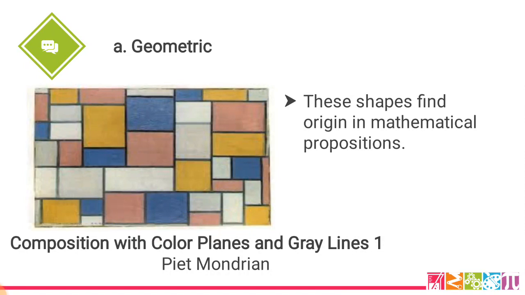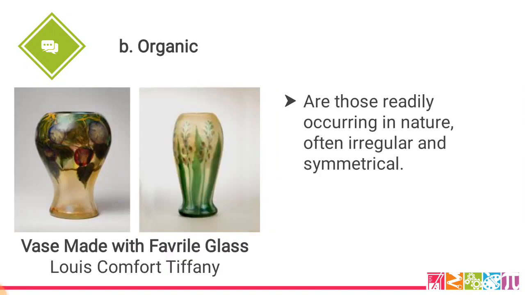And aside from the geometric shapes and forms, we also have this organic. So as compared to geometric, we have this organic. So it is readily occurring in nature. So it is often irregular and asymmetrical as compared to geometric shapes. So nakikita nyo naman, di ba, we have an example here, a vase.